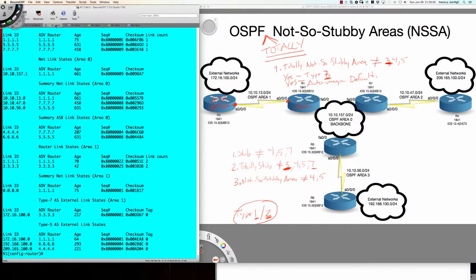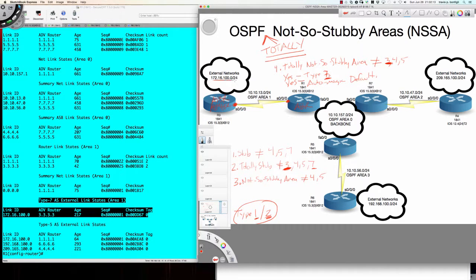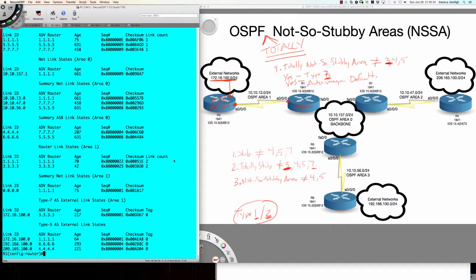So does he see it as a type 7? So router 1 also for area 1 sees that as a type 7. So remember, this is being redistributed from outside the OSPF domain into the OSPF domain. Therefore, it's going to be a type 7 LSA within the area of the ABR that originated this external network.